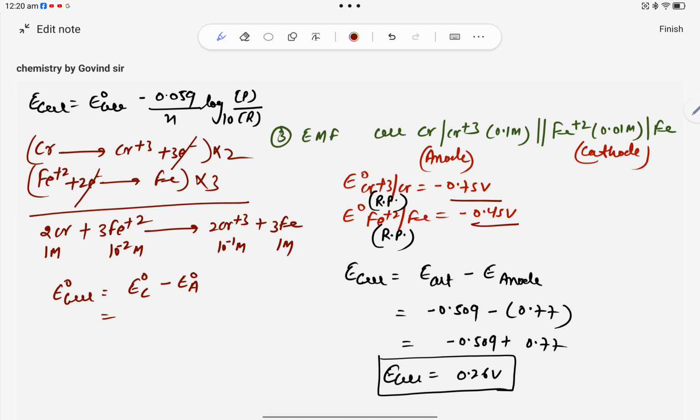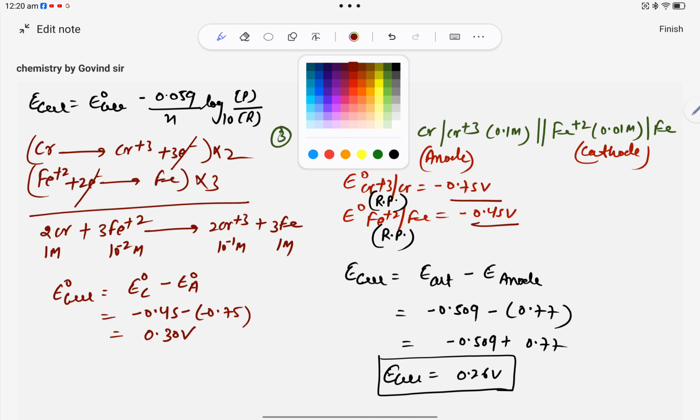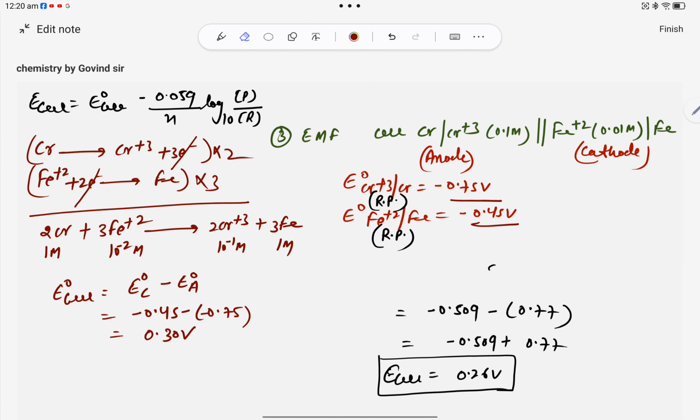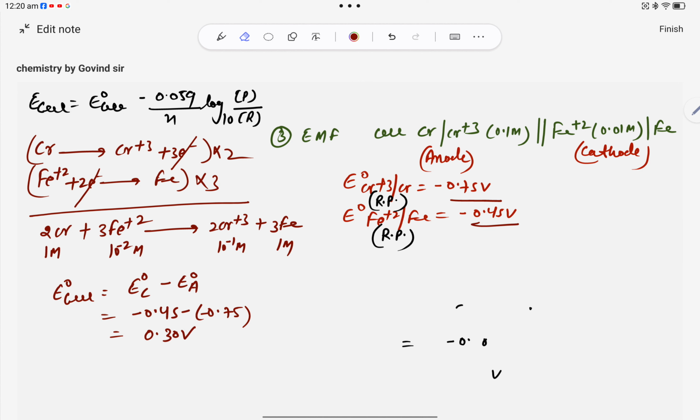Cathode value minus 0.45 minus minus 0.75. If you solve it, then from here 0.30 volt E naught of cell value you will get. Then put the value in the equation.